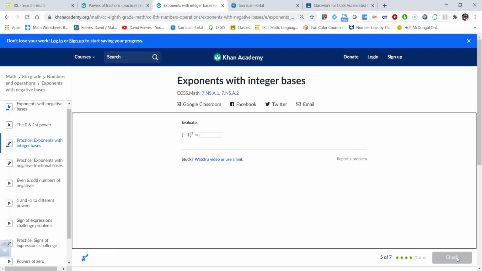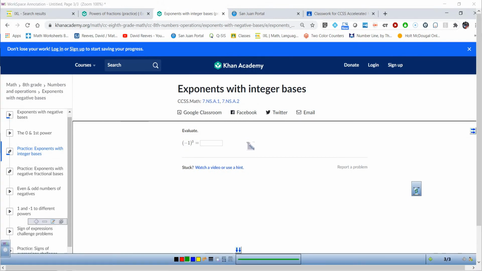Awesome. This one is also in parentheses, so this is a -1 times a -1 times a -1. This part is going to be a +1, and a +1 times a -1 is going to give me a -1.